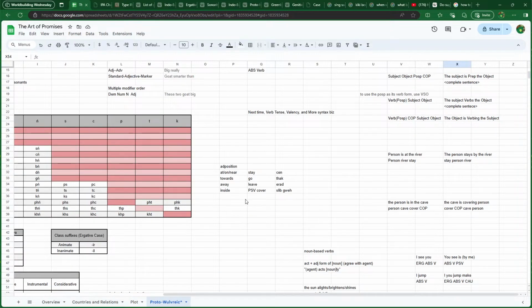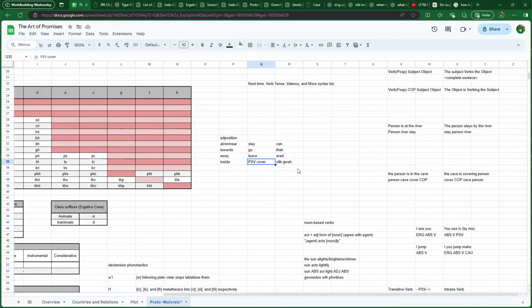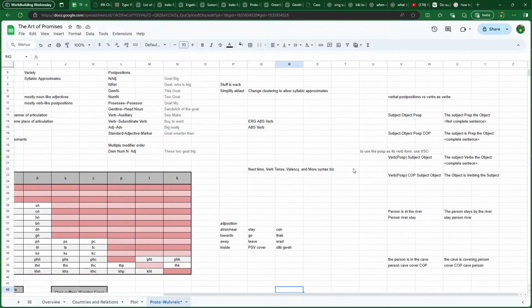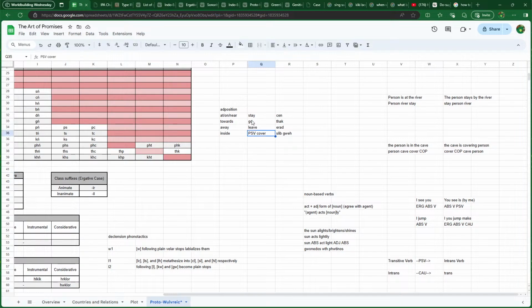Only thing here is we have passive as an adposition, right? So the verb and then passive. So yeah, we have it here, sleepgue.